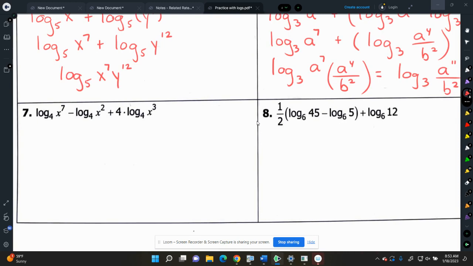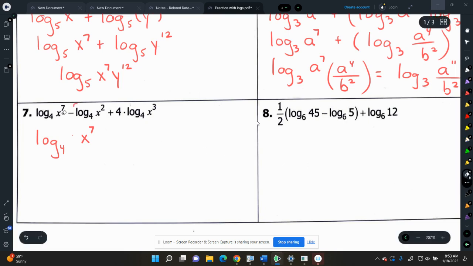All right, let's see. So moving left to right, this is log base 4 of x to the 7th. It doesn't really matter, right? I'm going to be subtracting. How do I want to do this? Yeah, this is going to be divided by x to the second, right?